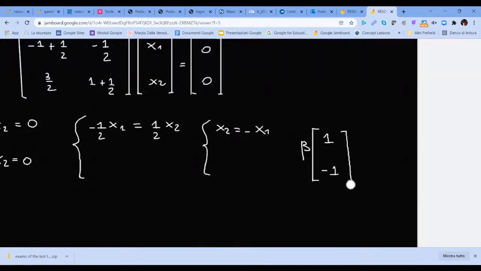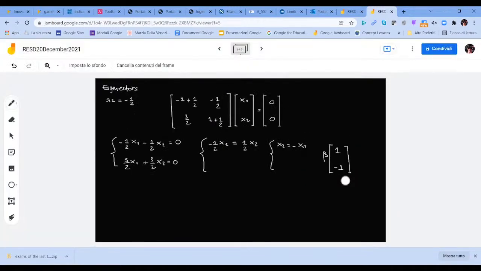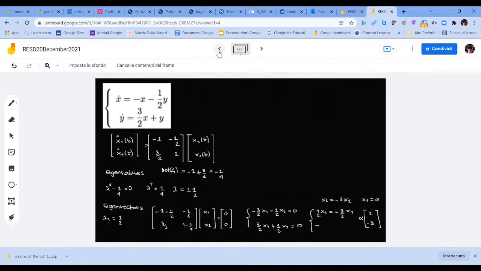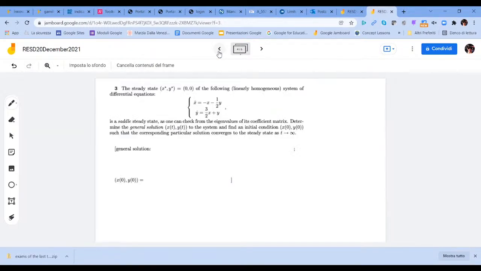So what is the general solution now? We have a general solution that has an eigenvalue that is negative. What was the text again?